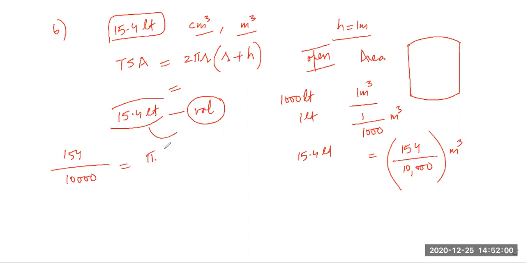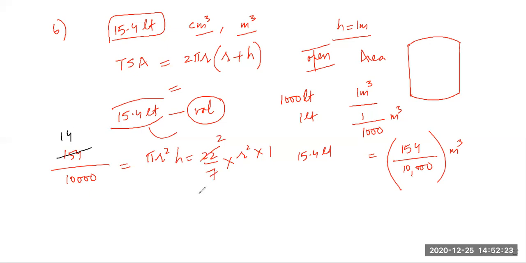Pi r square h would be equal to 22 by 7 into radius. Do we know the radius? No, we will find it out. r square into h. h is 1 meter. So that's perfectly fine. Now see, 11 to the 22, I will cut with black ink, and 11 ones are 11, 4.